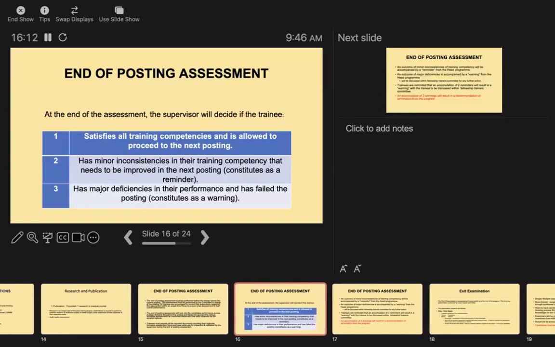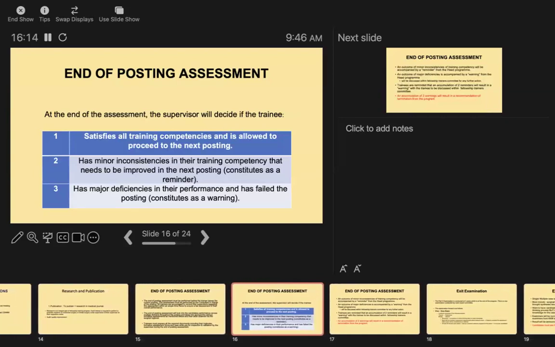So at the end of the assessment, the supervisor needs to assess whether this candidate falls into one of these 3. First, whether they satisfy all training competencies and are allowed to proceed to the next posting. 2, whether they have minor inconsistencies in their training that need to be improved in the next posting.